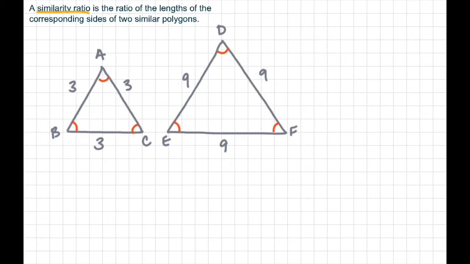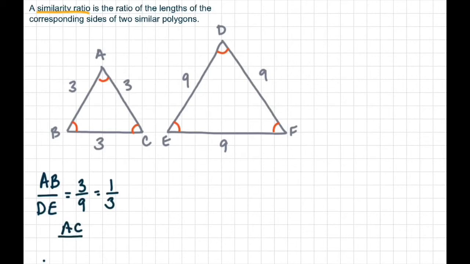and then I determine if they're proportional to each other. So AB is 3 and DE is 9. So AB goes with DE, so 3 over 9, which reduces down to 1/3. Then I have my next set, AC.